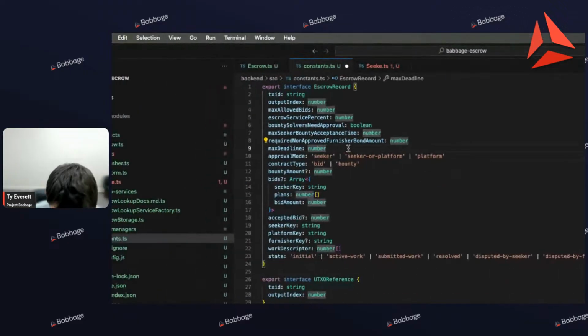So when a non-approved furnisher accepts, they put up a bond, right?